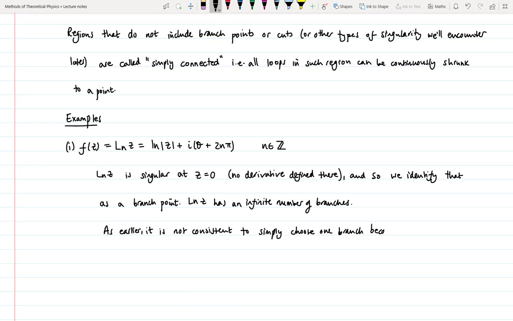Because a full circuit, typically in the anti-clockwise direction to increase n, adds 2 pi i to the value of the function.